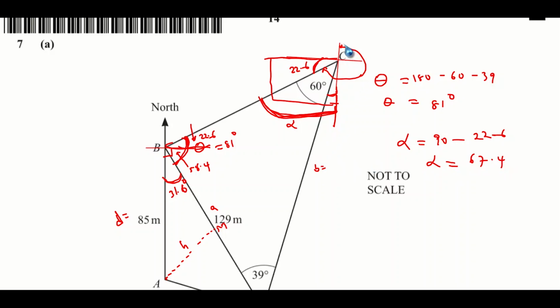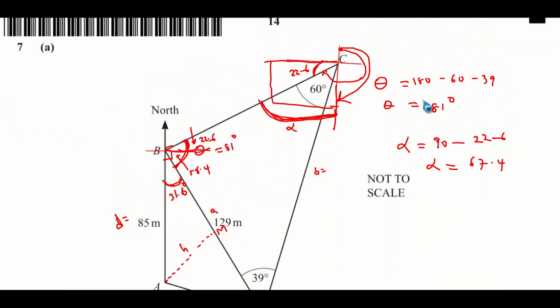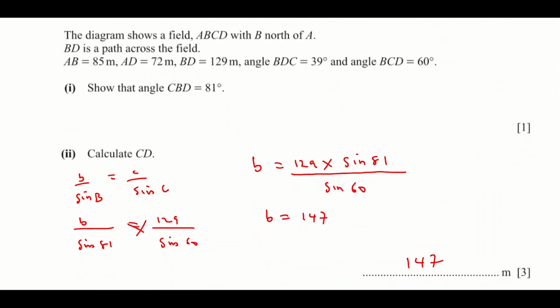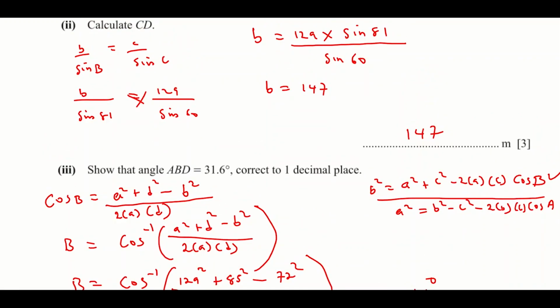The bearing will be from here, starting from here, the angle from here up to this place, because we have a line here, which is 180, then plus alpha. I just did it here for you to understand the solution; otherwise, I should have come down here. So let's go to the next page.